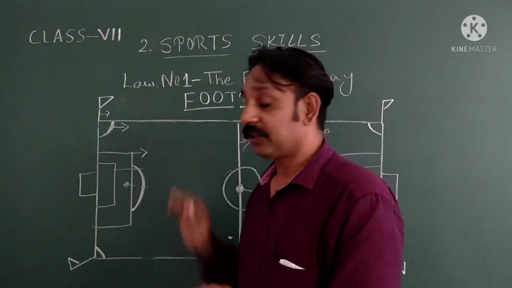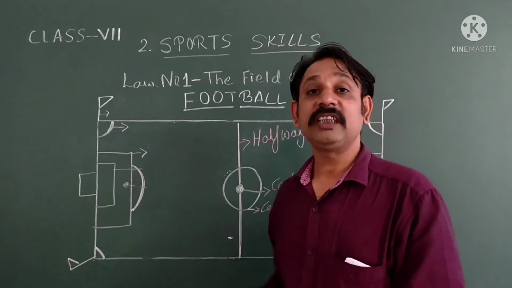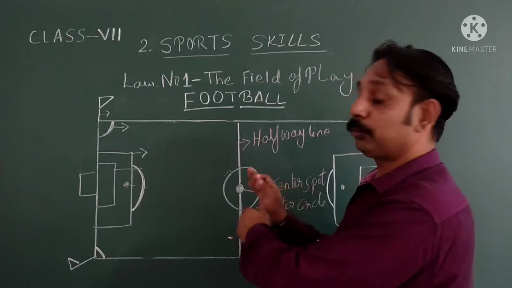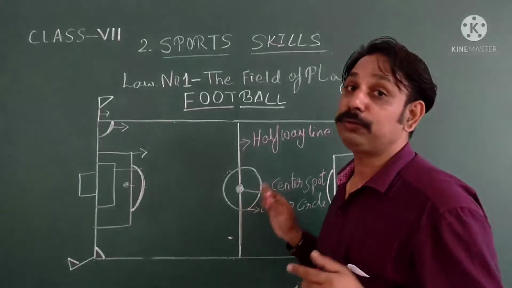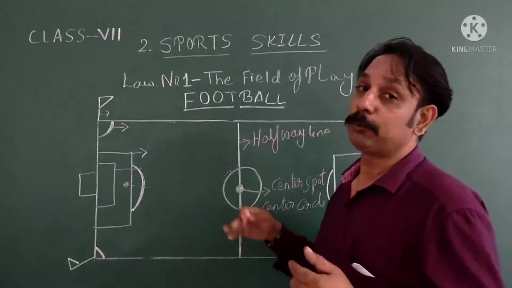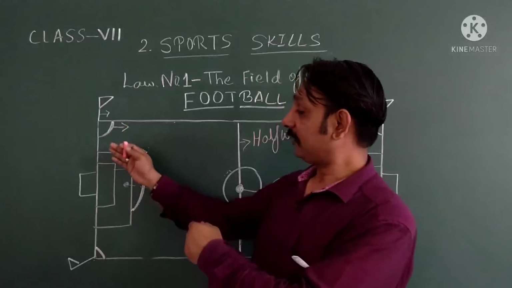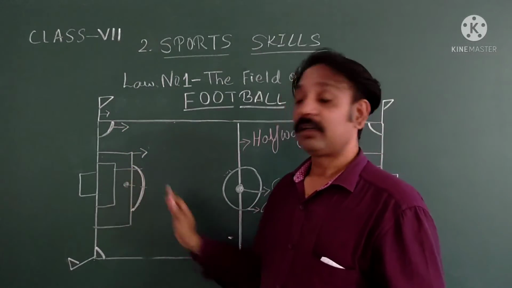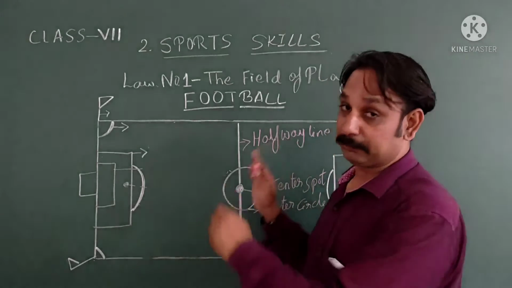Let us move to the half of the ground. The halfway line divides the ground into two halves, for team A and team B to play the match. This is the first half and this is the second half. Both are similar.